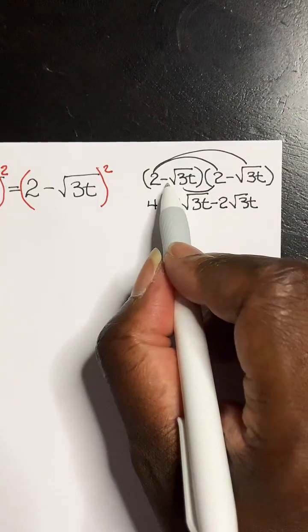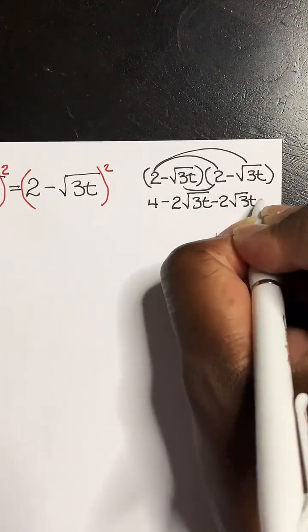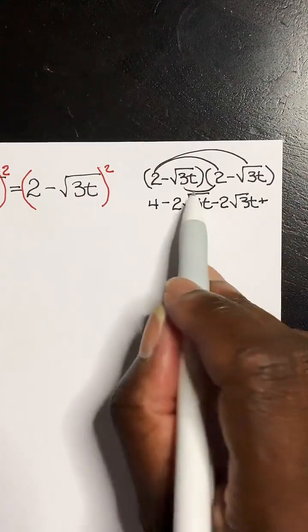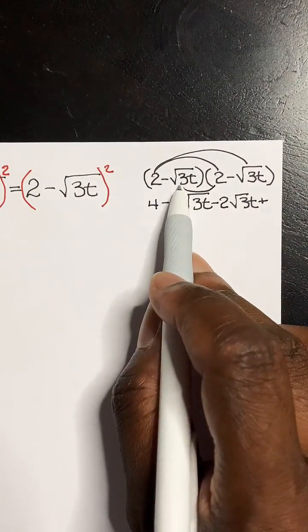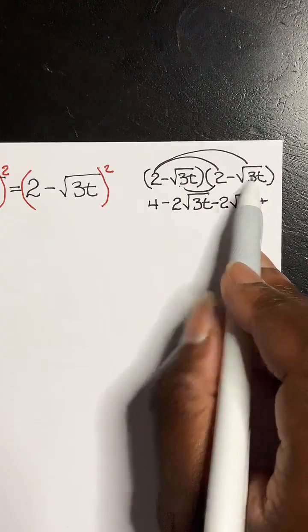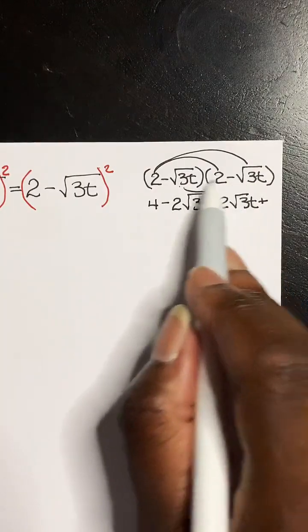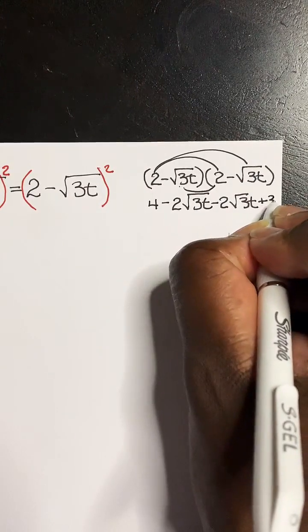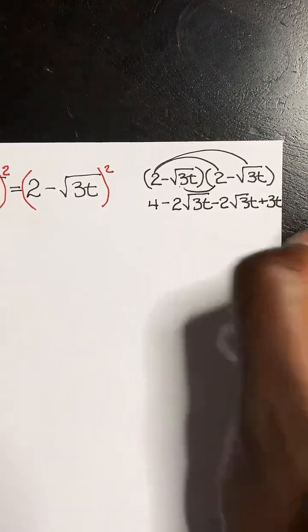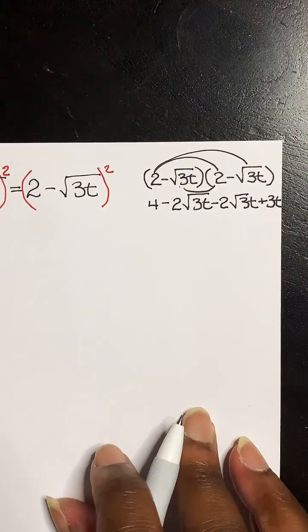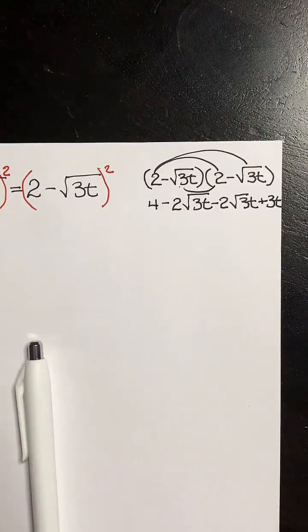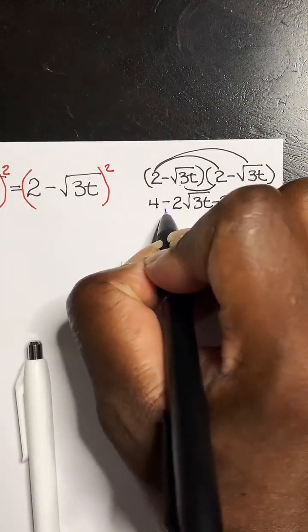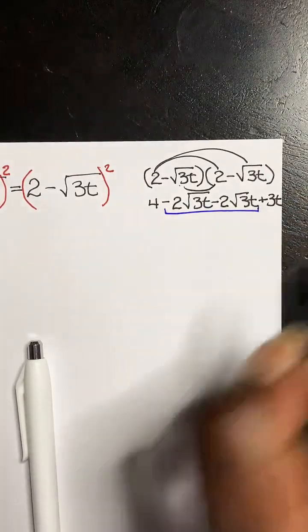Then negative times a negative gives us a positive. Here's the shortcut: square root of 3t times the square root of 3t. When you're multiplying the same root with the same radicand, it's just the number underneath the radical, which is the 3t. Right here in the center, you have like terms.